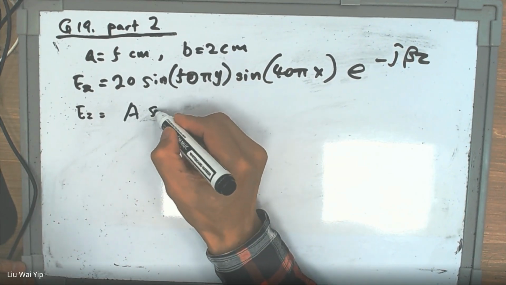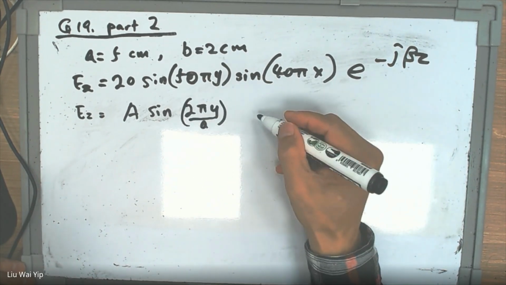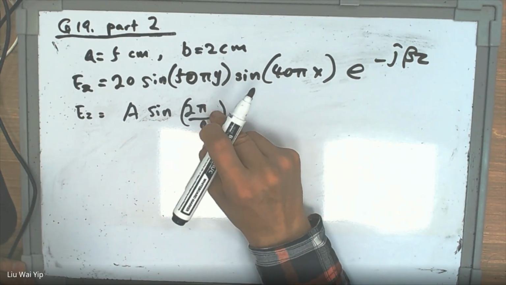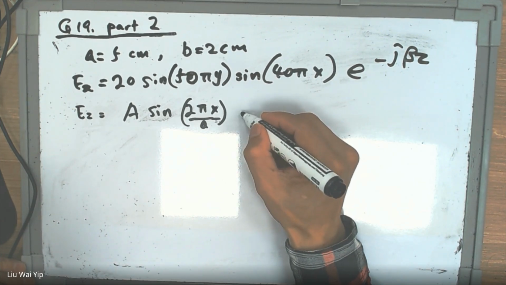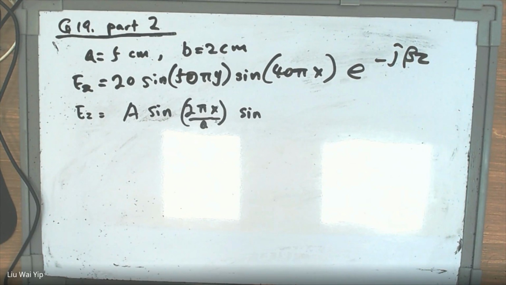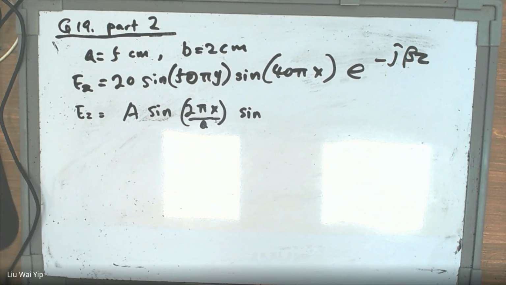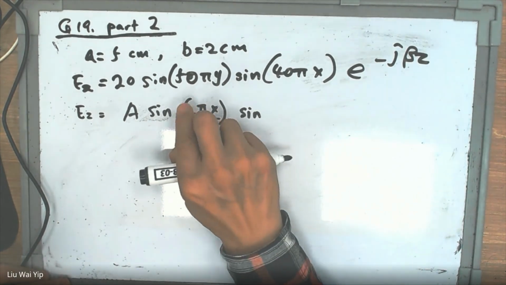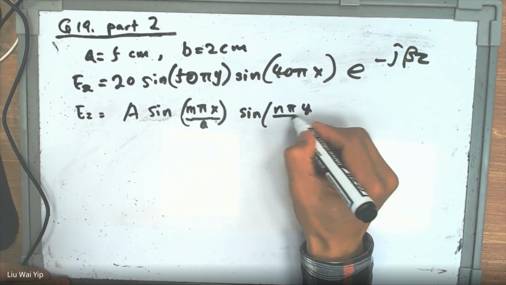The original expression is sine 2 pi x, and then sine, it should be m pi x, and then n pi y, and then p.